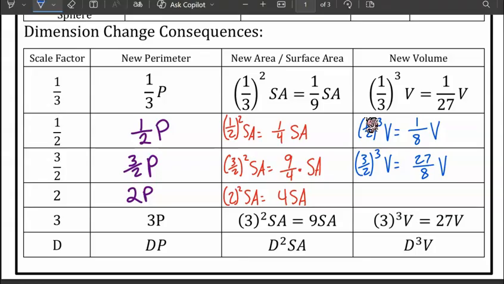And then if the scale factor is 2, it would be 8 times the original volume. Basically, to change the volumes with the scale factor, you're going to cube that scale factor and then multiply by the volume. One-dimensional, two-dimensional, three-dimensional.